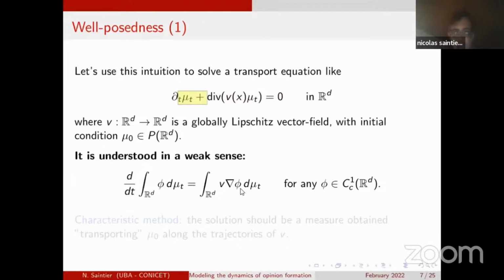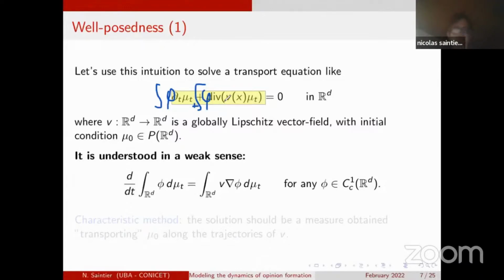Here phi is just a test function, and as usual, to get this, you just take this equation, multiply by phi, and integrate by parts. And the divergence, when you integrate by parts, goes to phi as a gradient.